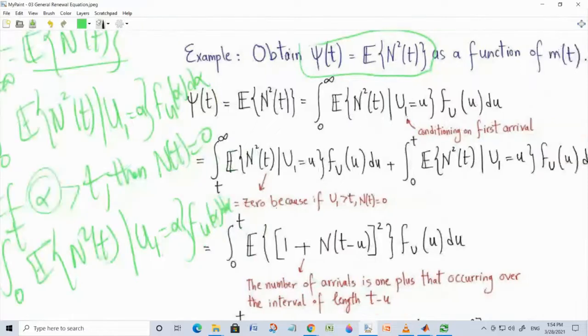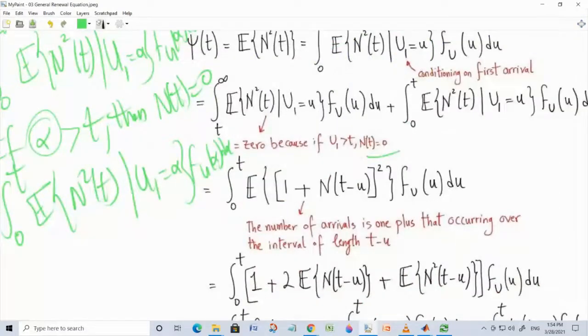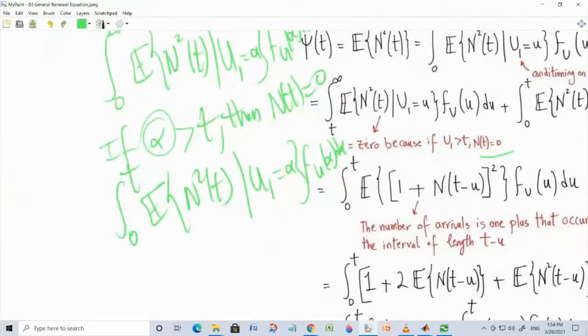This is because n of t is equal to 0 if the first arrival occurred at a time after t. If you inspect the system at time t, there are no arrivals whatsoever, and so n of t is equal to 0. The integrand has n squared of t, so this will be 0 whenever alpha is greater than t, and so you can just do the integration from 0 to t.